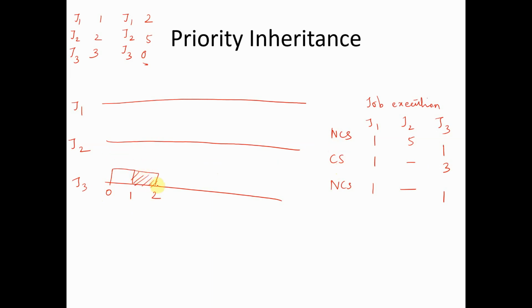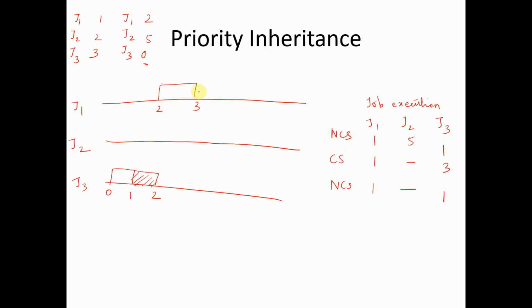Now at 2, the CPU will go to J1 as it has the highest priority. If you check, J1 needs 1 unit in the non-critical section, so it will execute from 2 to 3 in the non-critical section.